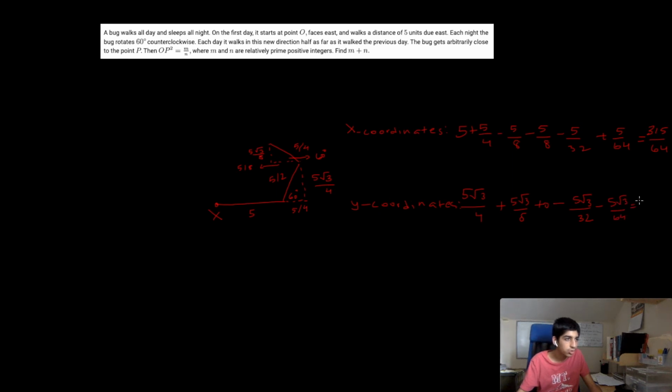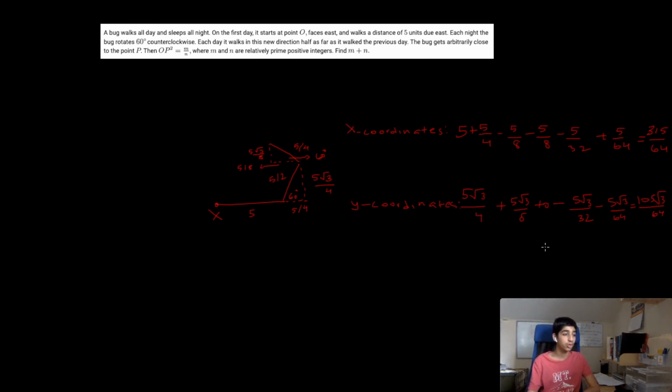And that's equal to 105√3/64. Now, if you're unsure how I got these, I basically just kept drawing the bug's moves and then drawing these 30, 60, 90 triangles and finding the respective y and x coordinates or distances.